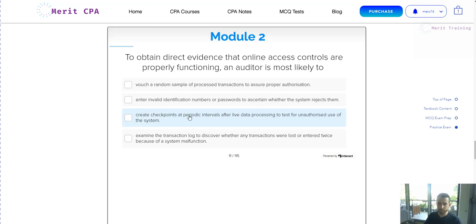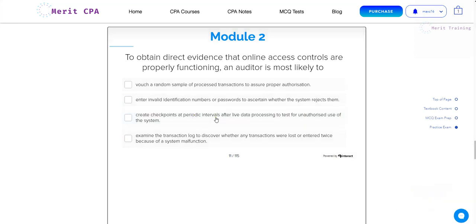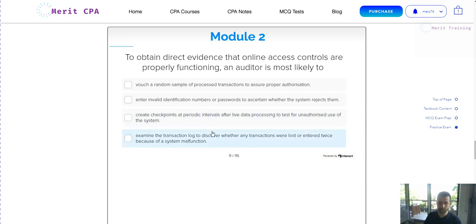C is create checkpoints at periodic intervals after live data processing to test for unauthorized use of the system. With C and D, it's just the same as this one over here in the sense that, yes, these are probably fine to use as checks of online access controls, but they're still indirect because, for example, with this one, they're not doing it themselves.